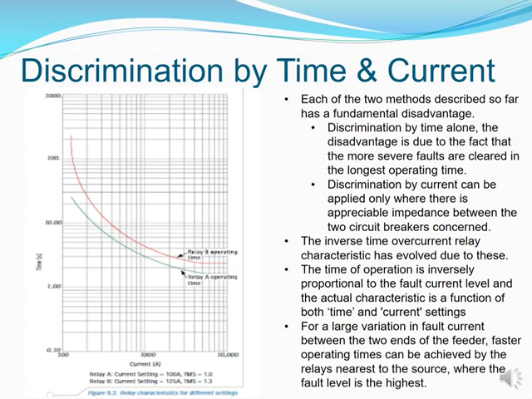Then there is discrimination by time and current put together. The two systems we looked at had fundamental disadvantages. In discrimination by time, the disadvantage is that your more severe faults are closer to your source and will take the longest time to be cleared. In discrimination by current, we had to appreciate the impedance between any two breakers before the circuit could work properly.